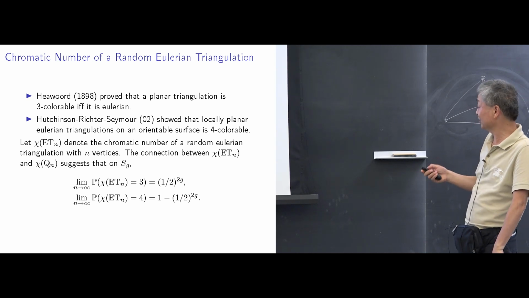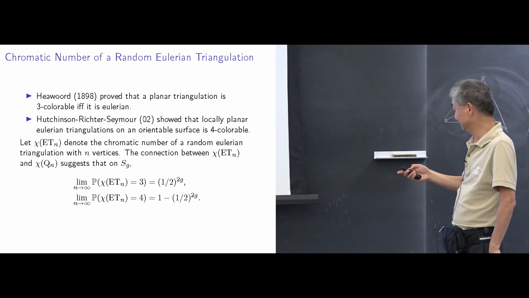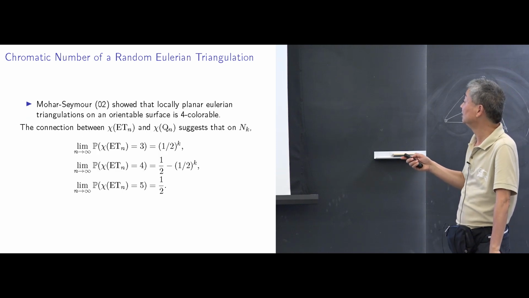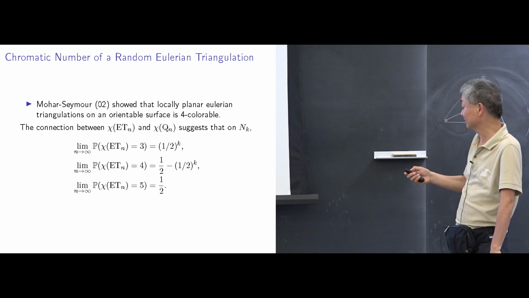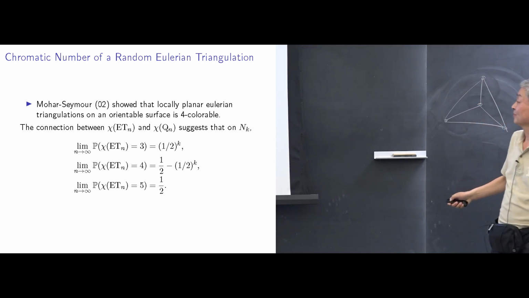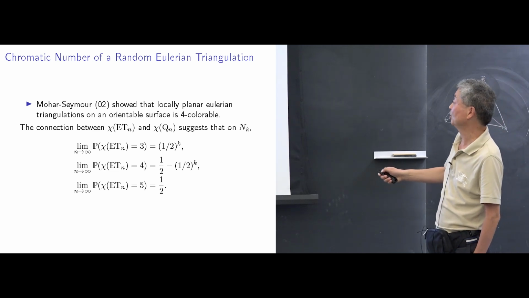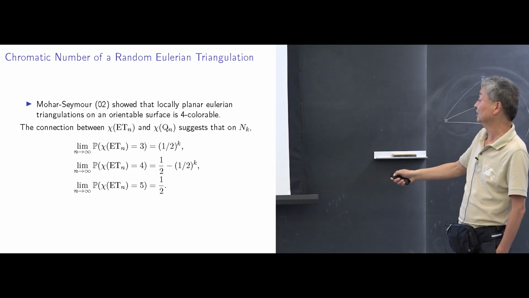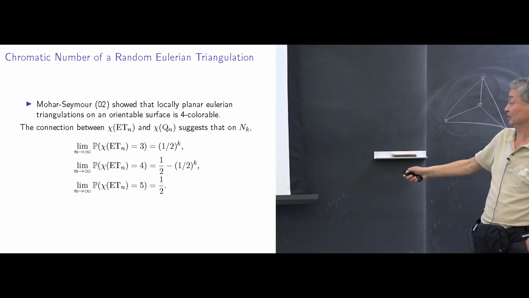So with this connection, it seems that one has this, oops, sorry, let me just show you this slide here. It suggests this: the distribution of the chromatic number of random Eulerian triangulation, again, has those 3 possible values, but increased by 1.